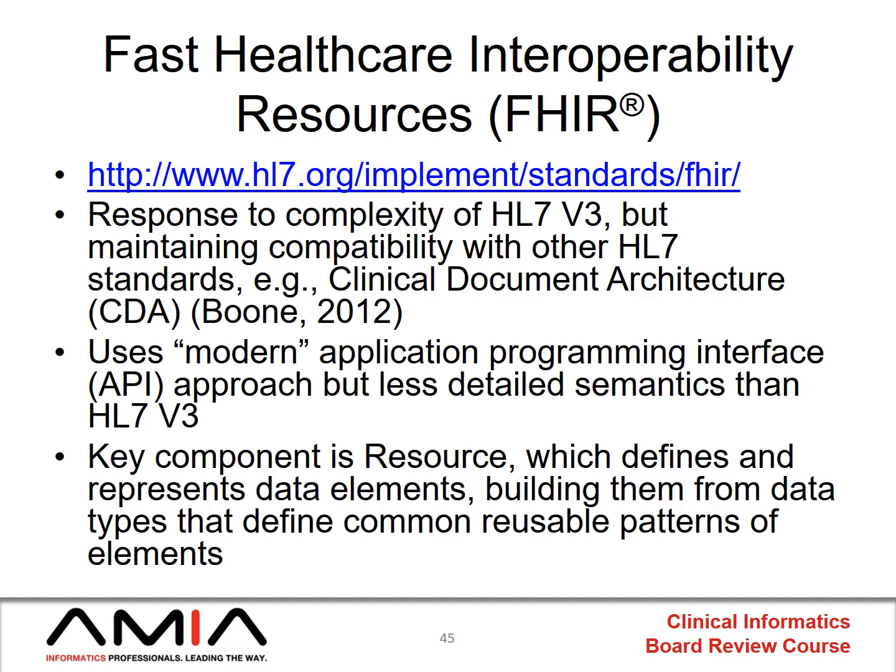But it moves forward in developing an API that is commonly used in modern internet standards. Having this API allows different systems to communicate with each other, particularly over networks.